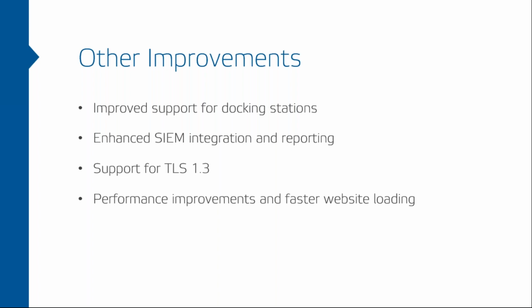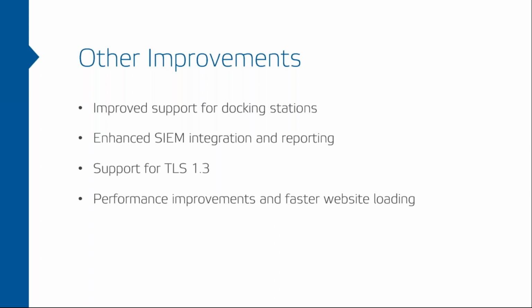And also we optimized how we are validating website certificates so that we ensure faster website loading, which can be up to 2.5 times faster than previously. So hopefully this will be noticeable and you will see Safetica running even faster than previously. And I believe this closes all the improvements that we are introducing in the new version.